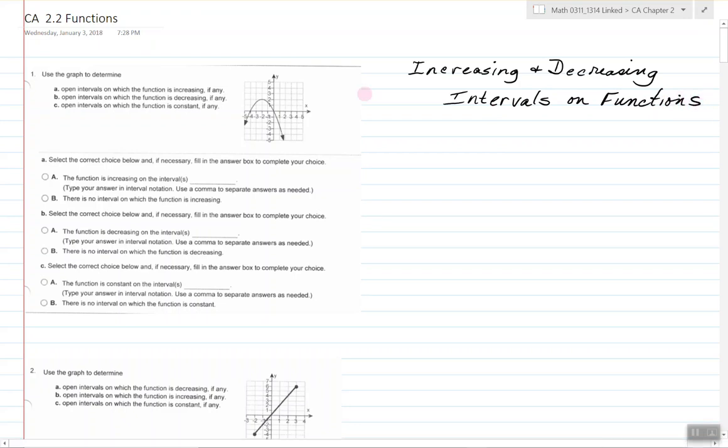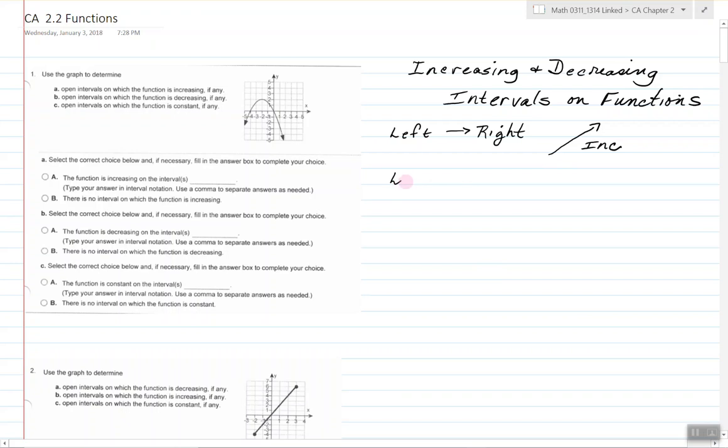So if we have a function, as you examine it left to right, and it must be left to right, if it rises, then it is increasing from the point where it started until it ends.